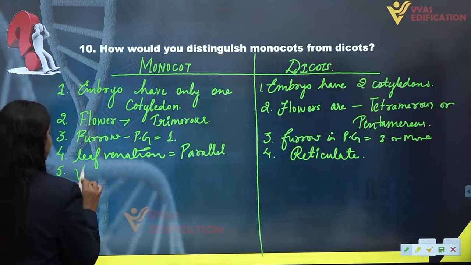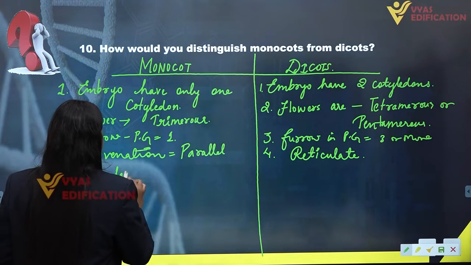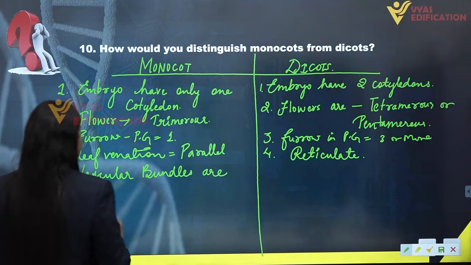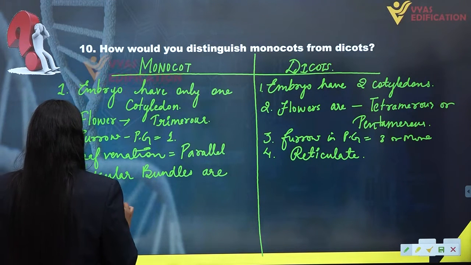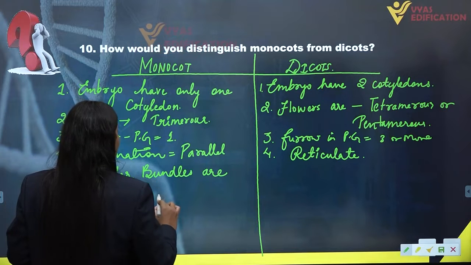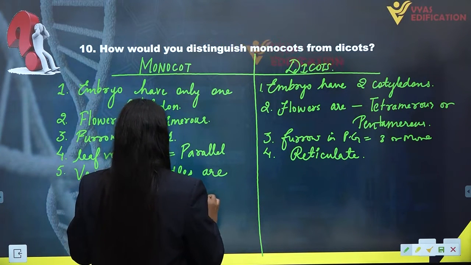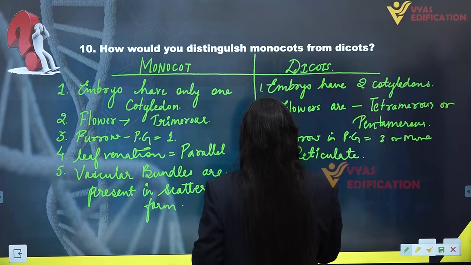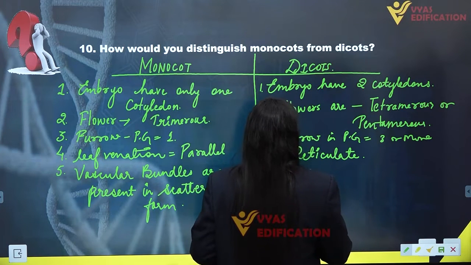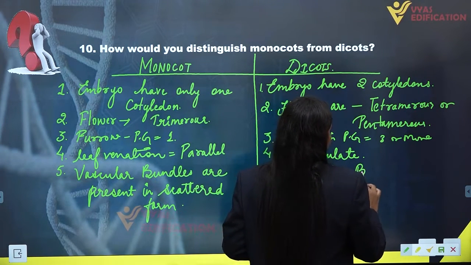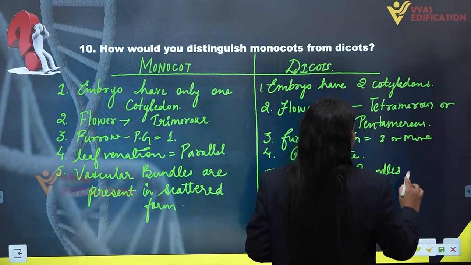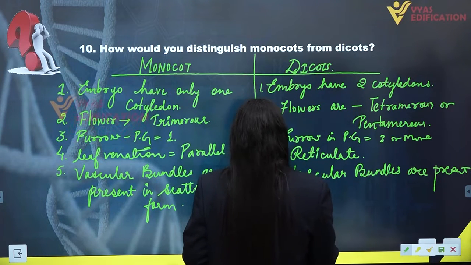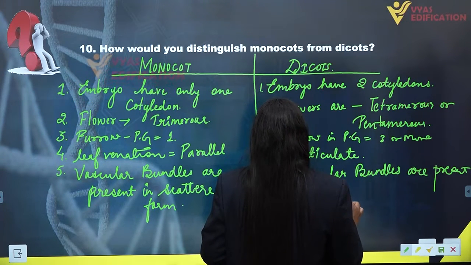Then the vascular bundles in monocots are present in scattered form, whereas in dicots, the vascular bundles are present in a ring manner or ring form.